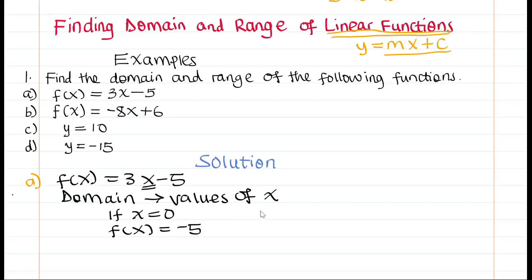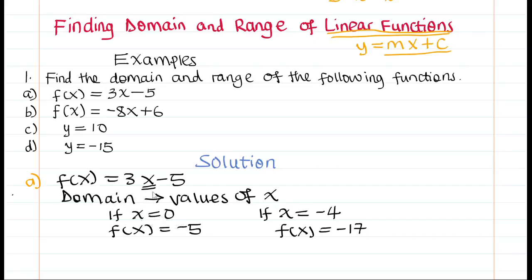And what if x is any other number? Choose any number. What if x is maybe negative 4? It means f of x becomes, substituting negative 4 here, negative 12 minus 5, which is negative 17. So I have sampled only two values of x.